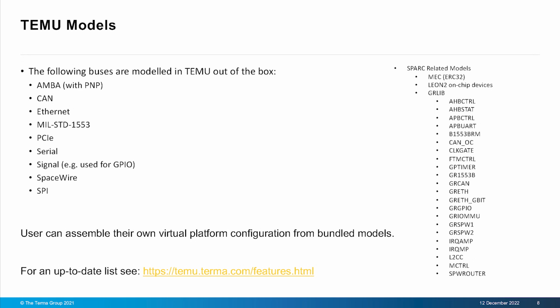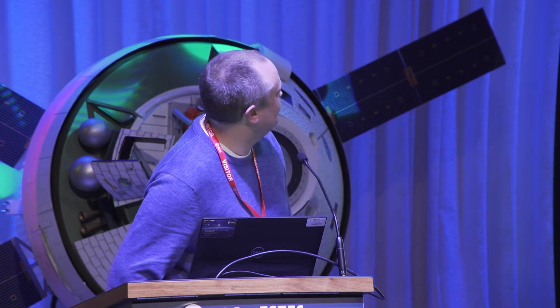So what's in this? On the bus modeling side, we have AMBA, CAN, Ethernet, 1553, PCIe, serial signal or GPIOs basically, SpaceWire, and SPI. On our website, we have a list of features which should be up to date, and this slide was updated day before yesterday, I think.